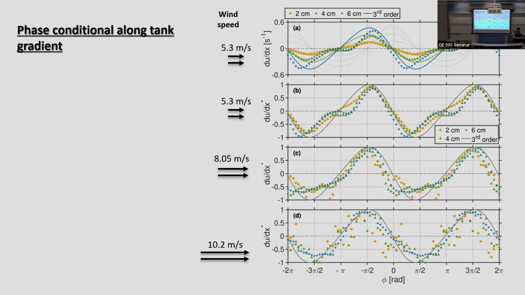Here we show du/dx non-normalized, because panels B, C, and D show normalized du/dx. But panel A shows just du/dx as obtained from the measurements, compared to the third order du/dx obtained from the theoretical solutions.